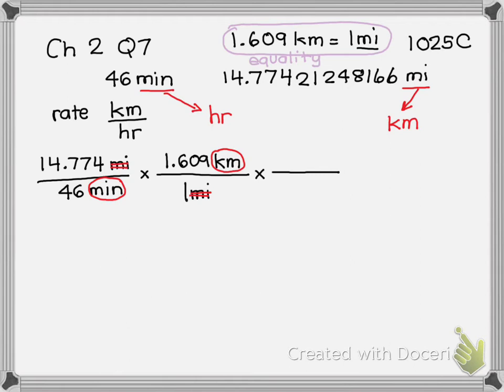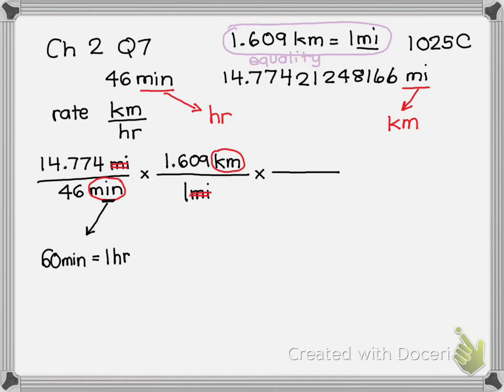So now what I'm thinking to myself is, okay, I know the relationship between minutes and hours. I have 60 minutes in 1 hour. Now look, minutes in this initial one is in the denominator.